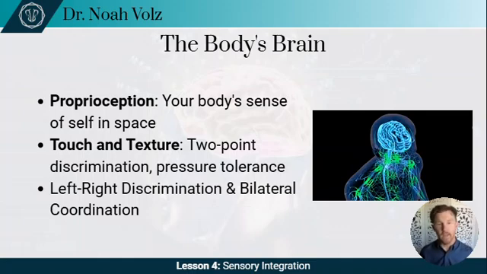This is a really common test for diabetic peripheral neuropathy in the feet. They'll do that, and this will tell them the severity of the peripheral neuropathy. So the 2-point discrimination. And then pressure tolerance, pressing on a certain area and seeing how well a person tolerates that amount of pressure. We've already talked about the two hemispheres, the left and the right hemisphere, and how they control different parts of the brain.